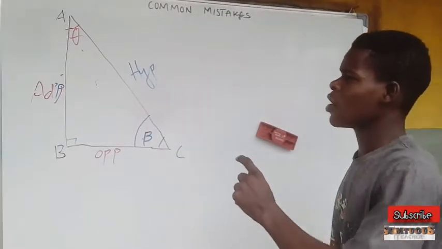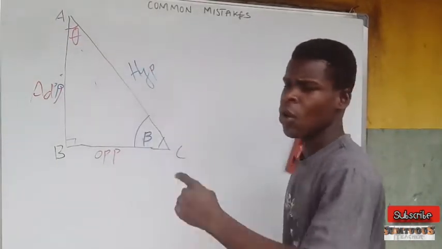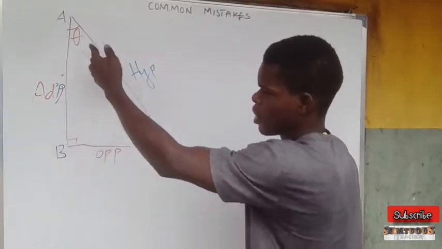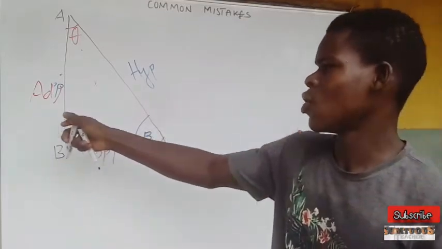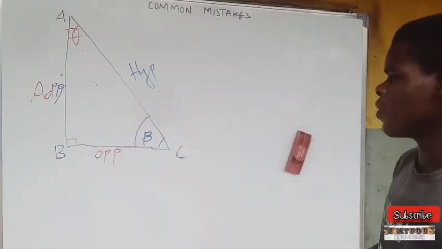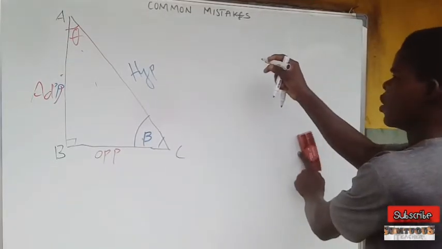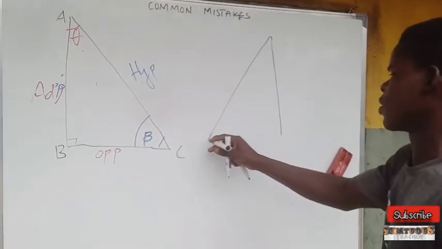Alright? Even if you have the angle here, all you need to do is find the side opposite to the angle, and this is the adjacent, while this is the constant part, the hypotenuse. Even if the triangle is drawn this way, you still know your stand.